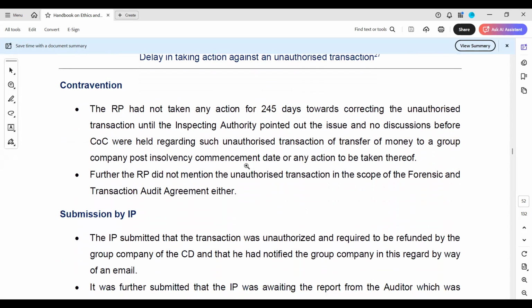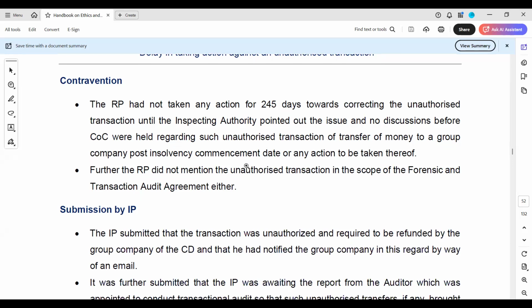So RP had not taken any action for 245 days towards correcting the unauthorized transaction until the inspecting authority pointed out the issue, and no discussions before COC were held regarding such unauthorized transaction of transfer of money to a group company post insolvency commencement date. And RP did not mention the unauthorized transaction in the scope of the forensic and transaction audit agreement either.